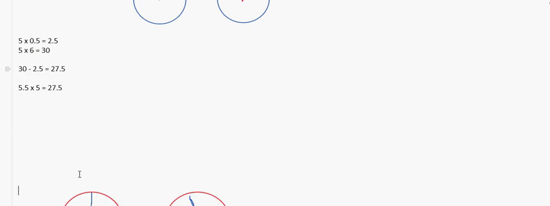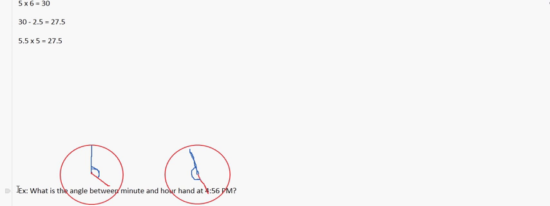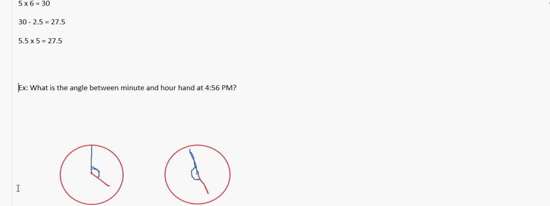So let's do another question on similar lines, which says: what is the angle between the minute and hour hand at 4:56 p.m.? So there are lots of ways to do it, right? What we are doing is finding the simplest way.